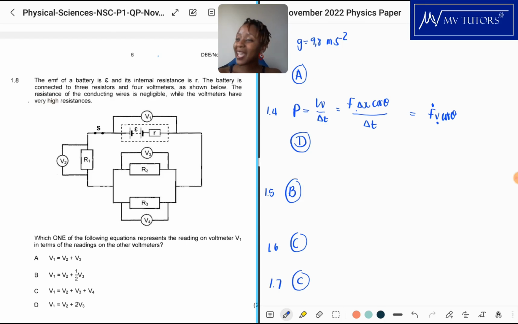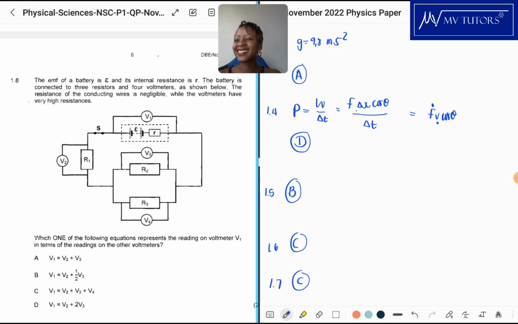All right, so A is V1 equal to V2 plus V3. Remember V3 and V4, because they are in parallel, they're basically equal. So is A an option or B? It will be half of V3. C, it will be V1 is equal to V2 plus V3 plus V4.